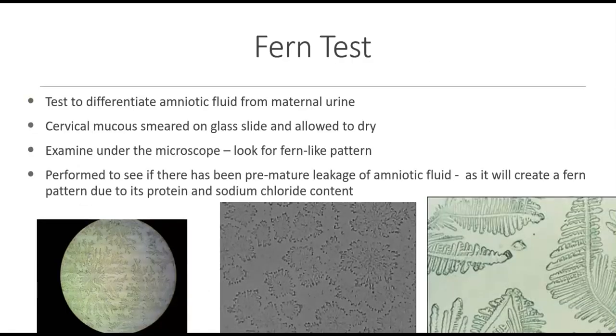This is not mentioned in your textbook, but I thought I would throw it out there, and it's called the Fern test. And this is a test used to differentiate amniotic fluid from maternal urine. The cervical mucus is smeared on a glass slide and allowed to dry, and then it's immediately examined under the microscope, and the doctor will look for a fern-like pattern. This is usually done by the doctor.